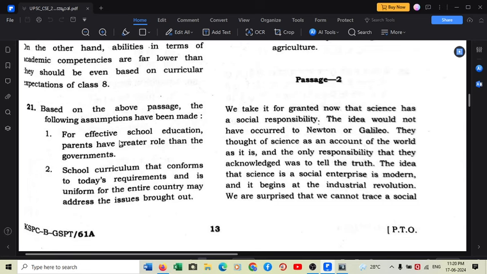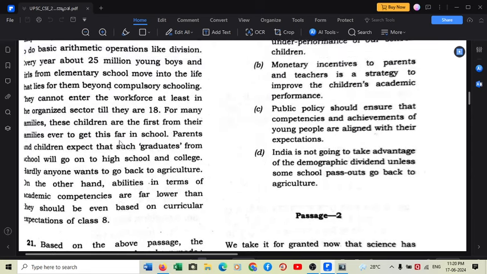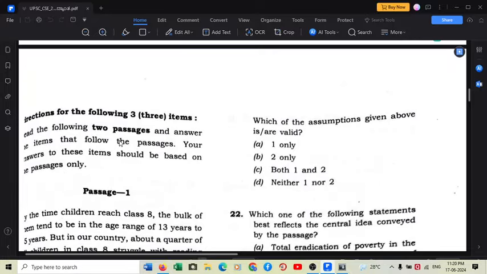If the school curriculum conforms to today's requirement, which is the industrial requirement, definitely it will be more effective, and being uniform for the entire country, may address the issues brought out. What is the issue being brought out? That there is a gap between theory and practicality of Indian education. So statements 1 and 2 both are correct. What is the answer? Both 1 and 2.